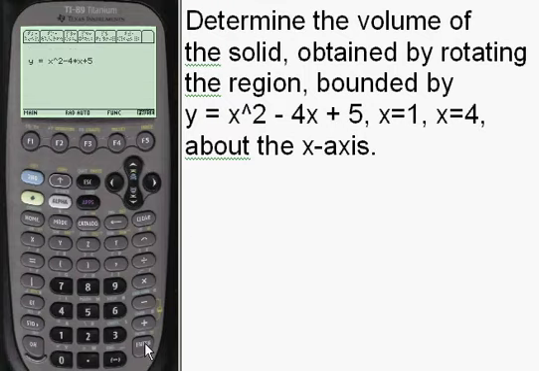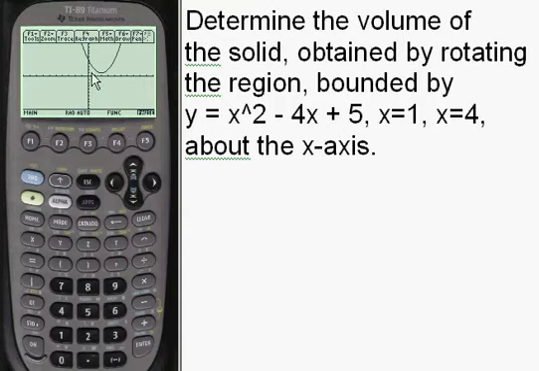And I always show you what you've entered so you can change it in case you made a mistake. Check it. I put the graphing utility in here so it graphs it so you can see what you're up against. Now notice this is the parabola of x squared minus 4x plus 5 over the range of x equals 1, x equals 4.